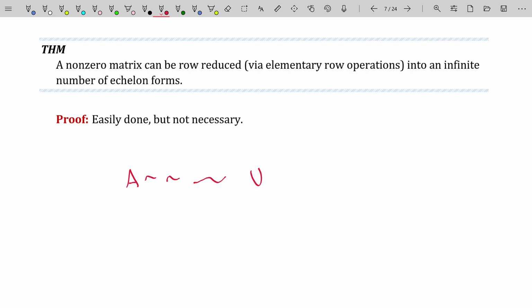That's why there are an infinite number of echelon forms for a given matrix, as long as the matrix has an echelon form. That is, it's not a zero matrix. It's not just a matrix full of zeros.